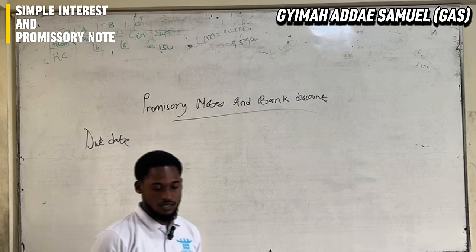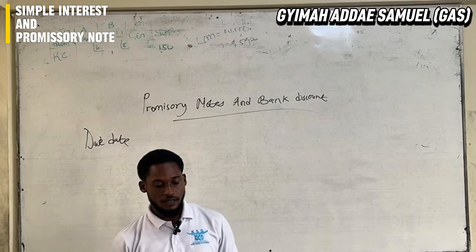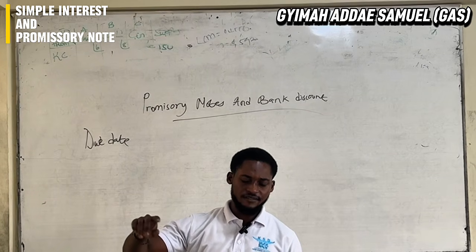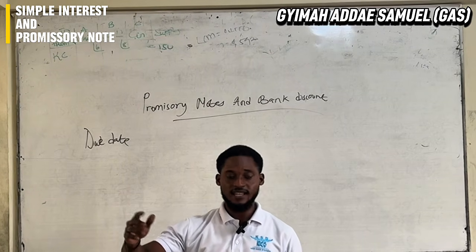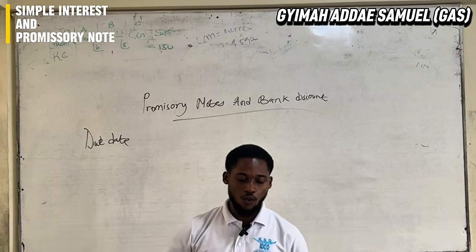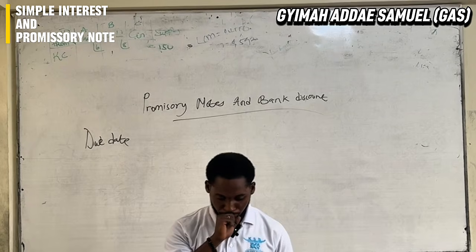when we read out the question, it says on August 19th, KPH company borrows 75,000 from Mamaga Kekeli Investment Company. In return, KPH gives the company a 120-day promissory note.